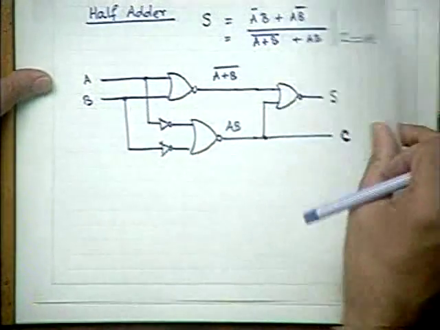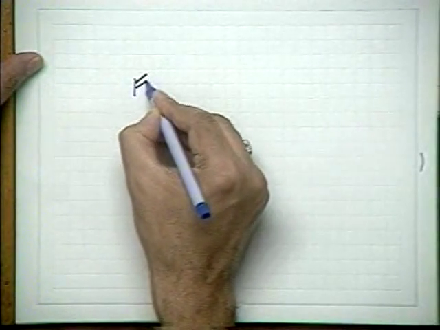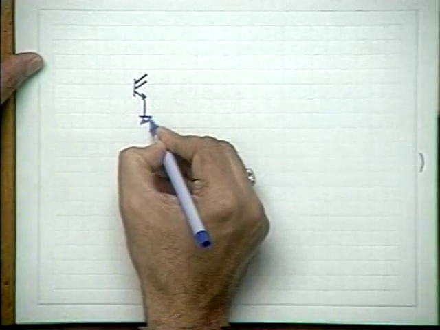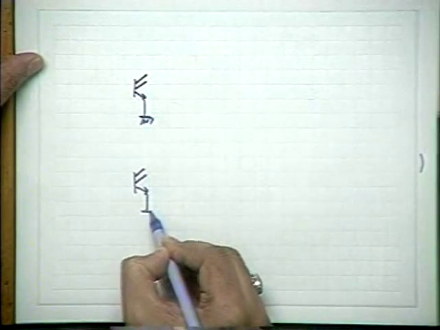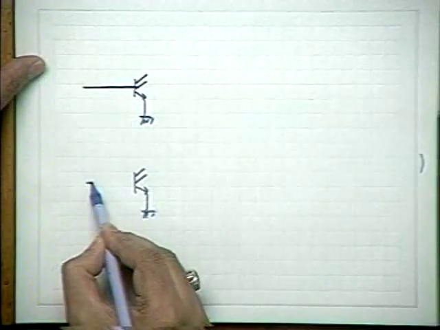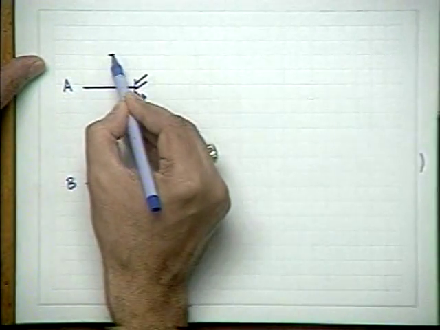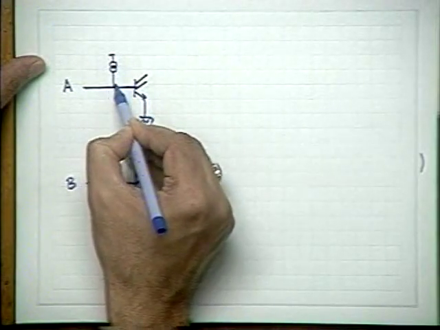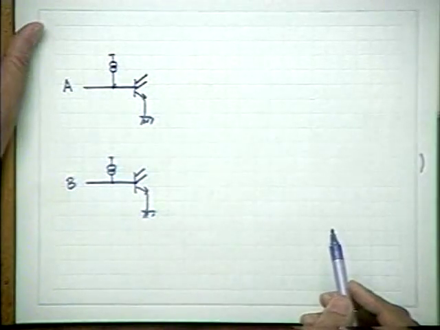So I just take, as before, because there are two inputs, two transistors, at the input of which I will apply my A and B. Okay?